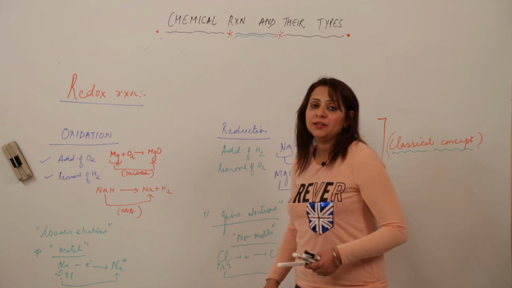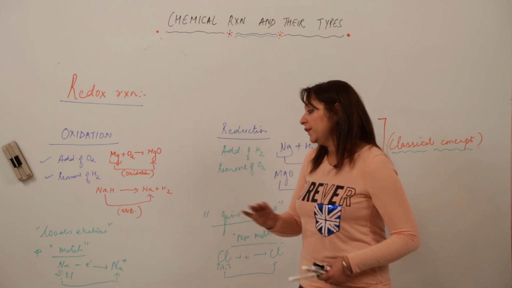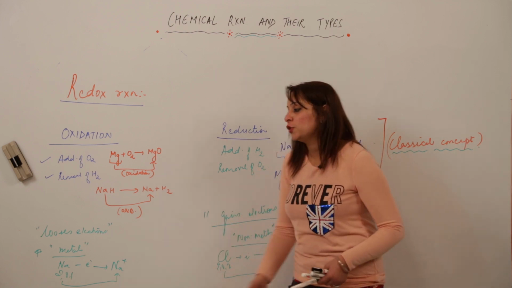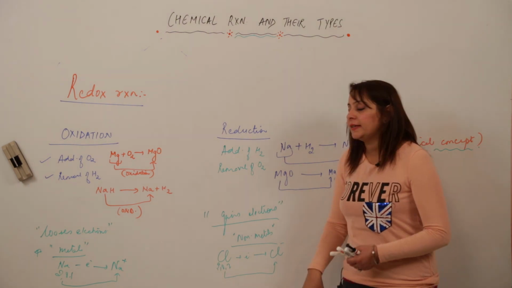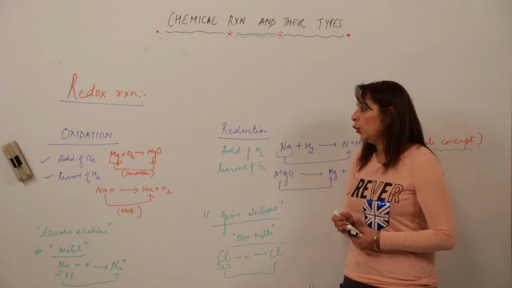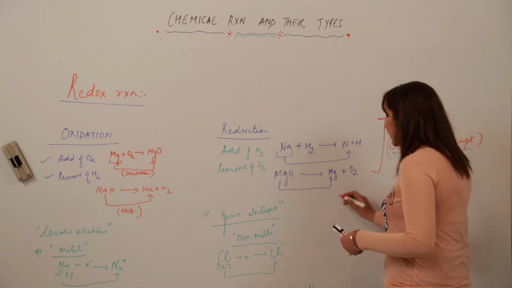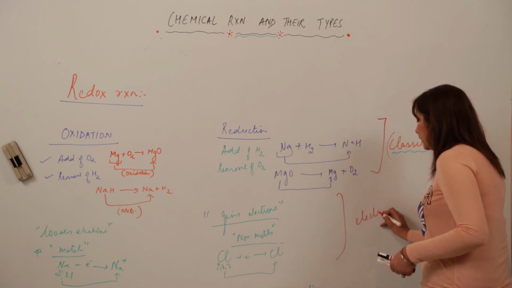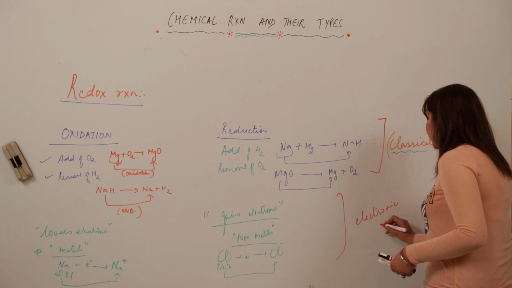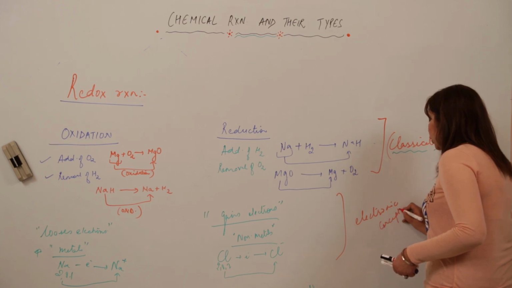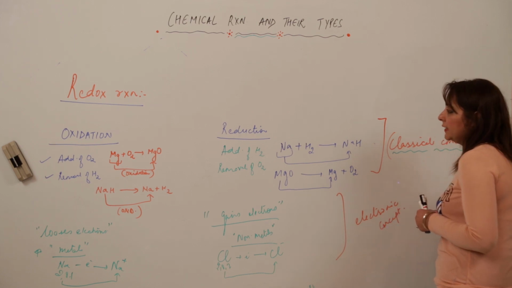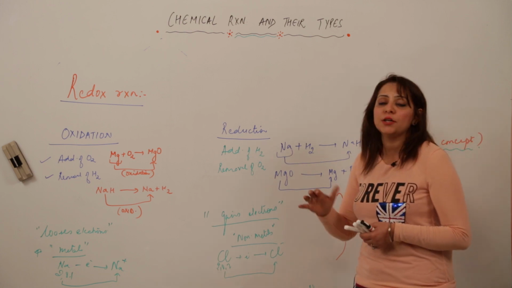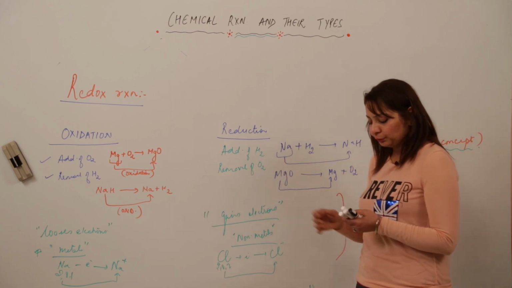It is just whether they are losing or gaining. When they are losing, it is oxidation, and when they are gaining, it is reduction. So I hope you are clear with the electronic concept, and above was the classical concept. This is the classical and the electronic concept which clearly explains oxidation and reduction.